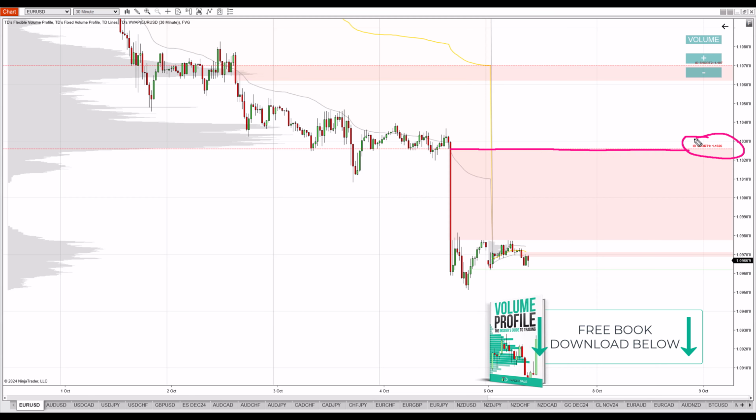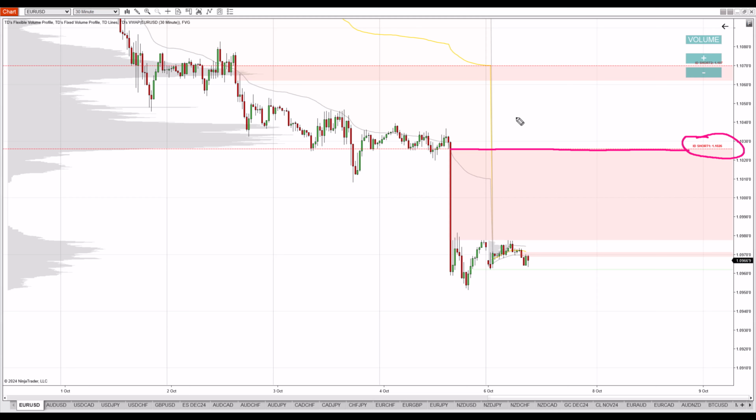It is at 1.1026. And it is based on a macro news, on an NFP macro news, because on Friday there was the NFP, and that's one of the strongest news that currently affects the US dollar strength. And right here, this strong sell-off was caused by the macro news.